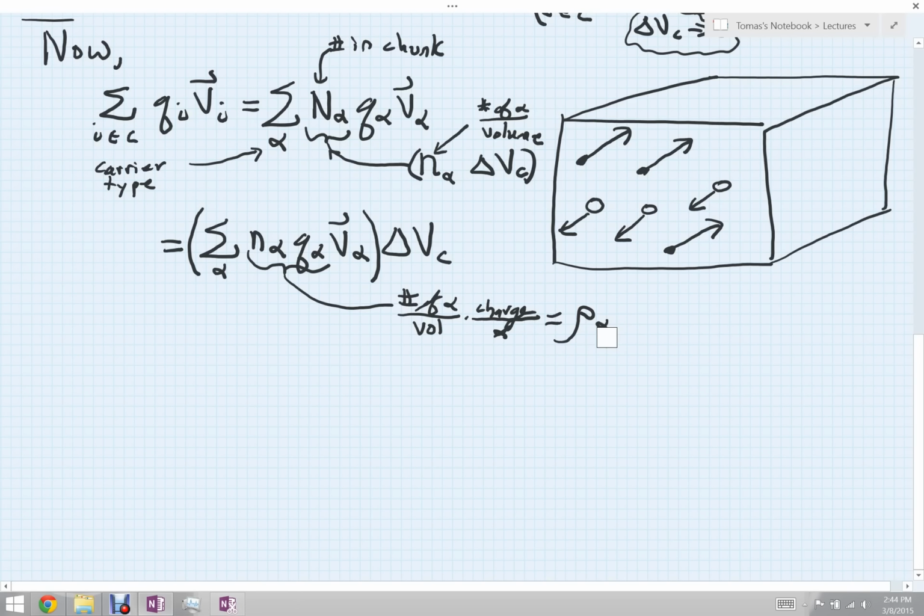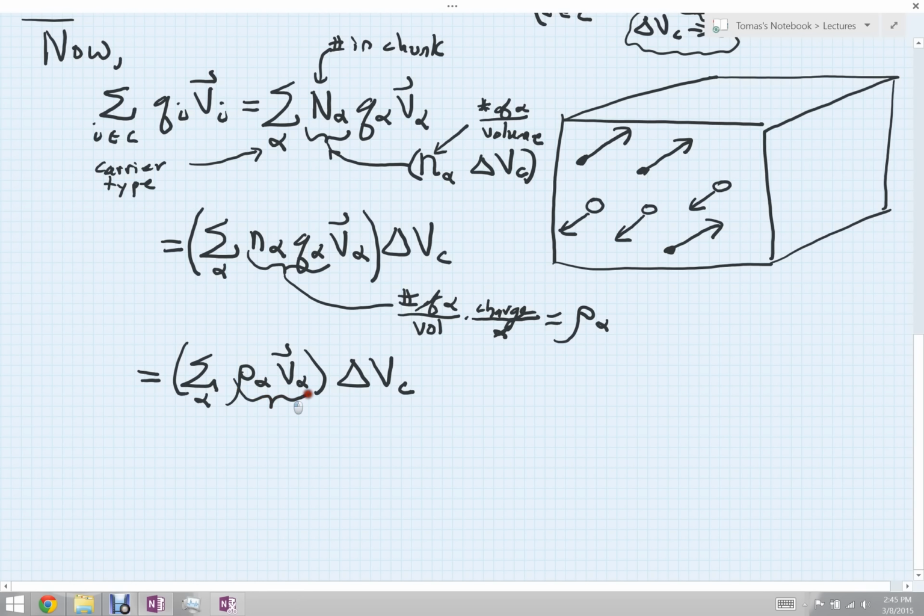So now we're in really good shape because look, now what I have is a sum over alpha, rho sub alpha, v sub alpha of that type, right, times the volume, capital V, of my chunk. Now, this I recognize. This is the current density associated with carrier type alpha.